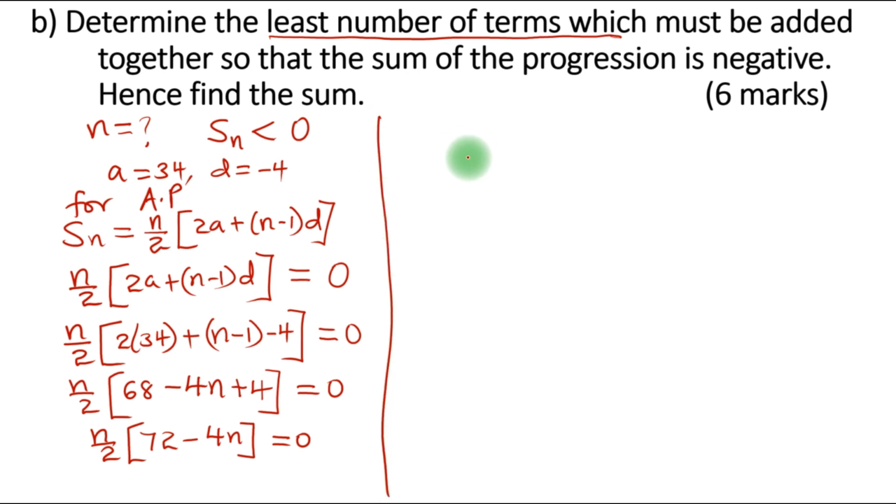Next step, now we multiply through by n over 2. So we shall end up getting n over 2 multiplied by 72 minus n over 2 multiplied by 4n.